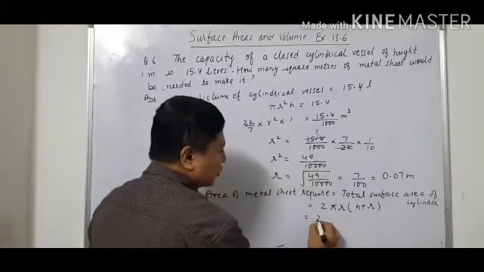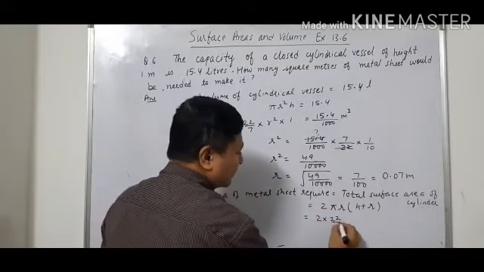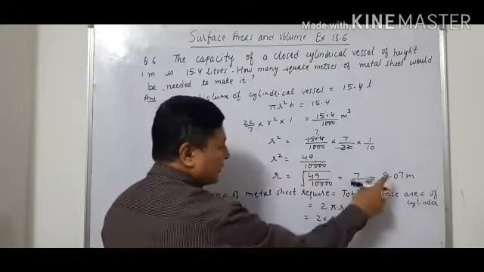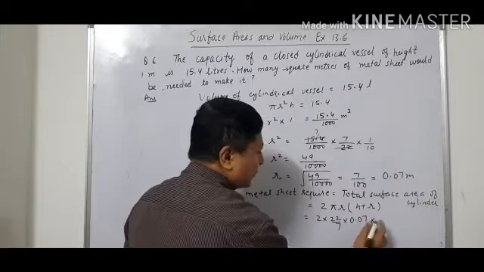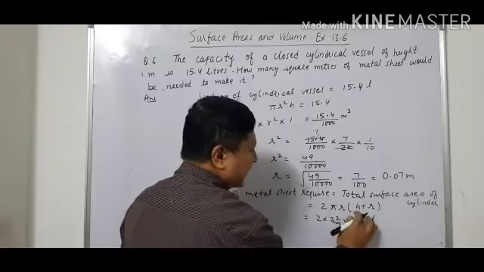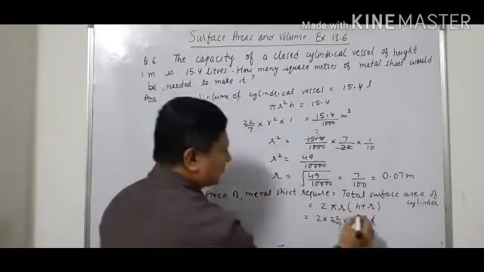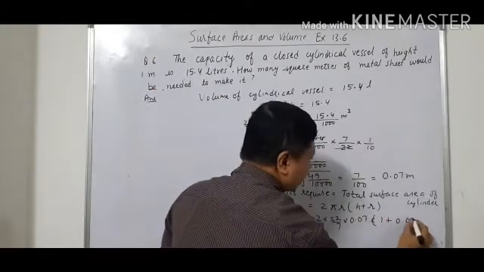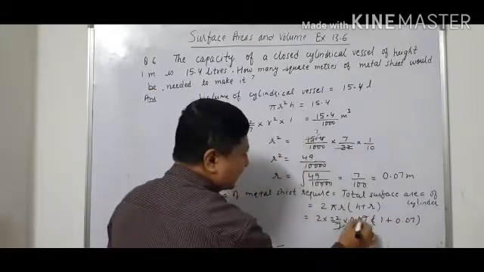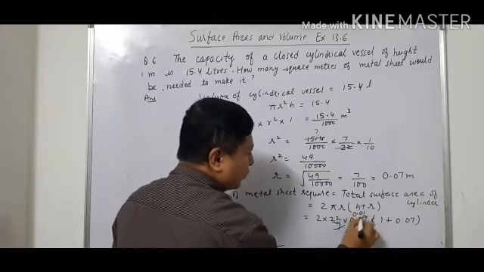Now that is 2 into 22 upon 7, r we have calculated as 0.07, into h plus r. h is 1 meter plus again the radius 0.07. So we cancel and get 0.01.